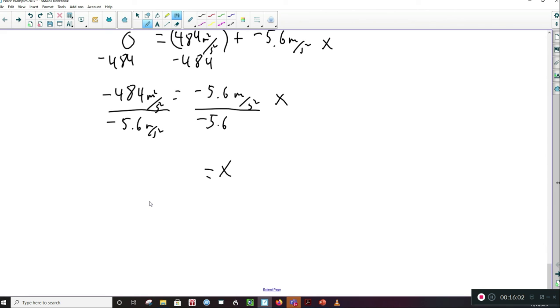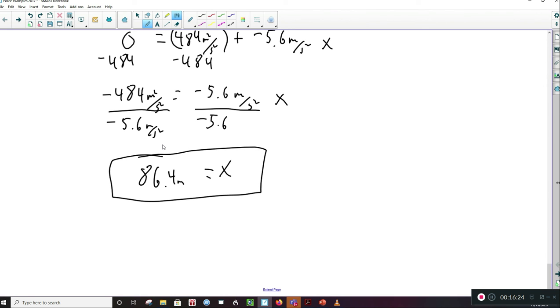So it's going to give me about 86 meters. Okay, so there you go. This is how you would apply Newton's second law to the kinematics.